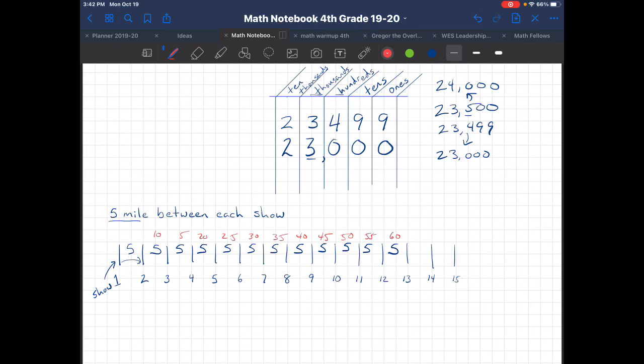Now, they did say 5 miles between each show. There is another way that you could have looked at this. You could have said that they started at show 0, like they started at home, and went 5 miles till they got to show 1.